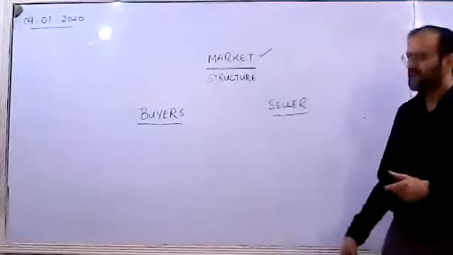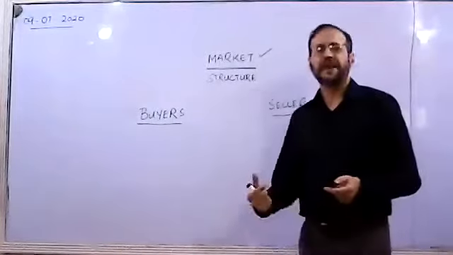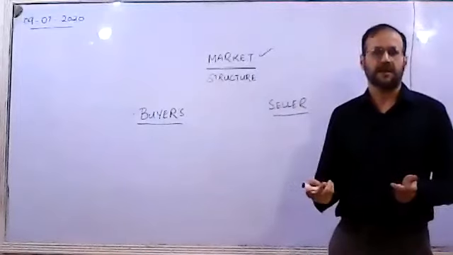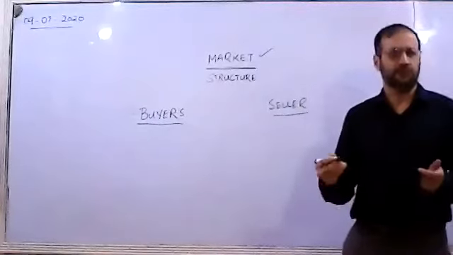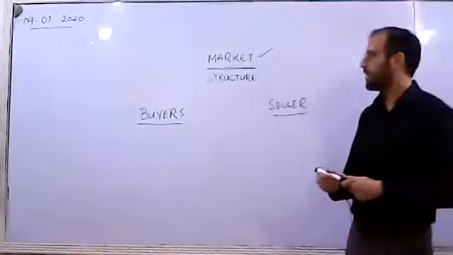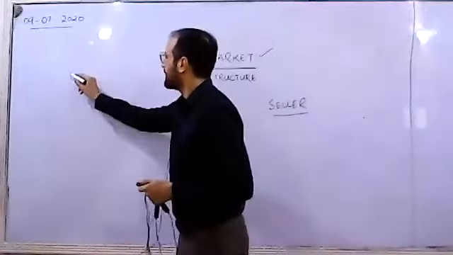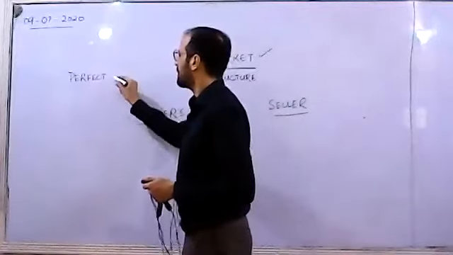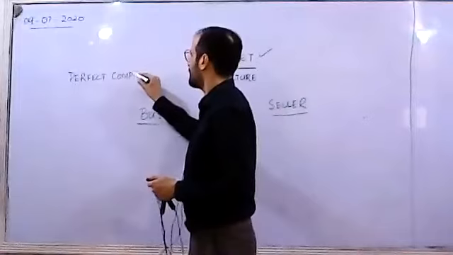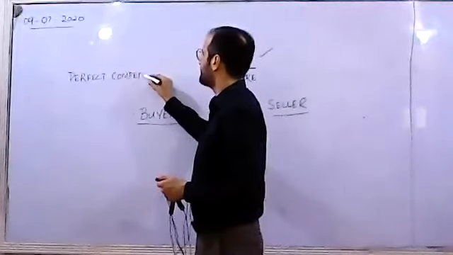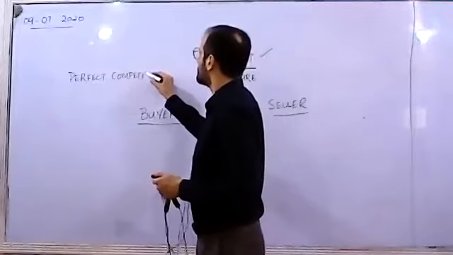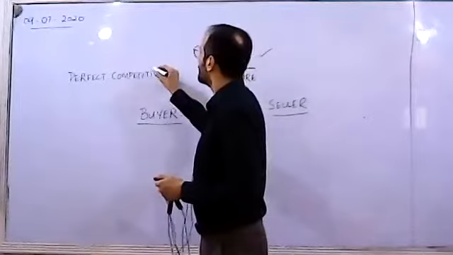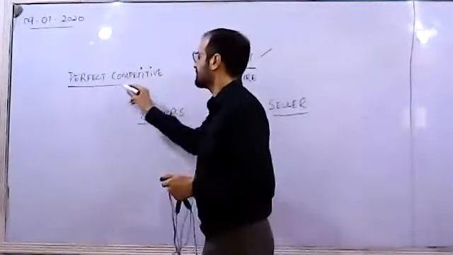Now, as per our syllabus, we have two structures which we will go through. What are those two structures? One is known as perfect competition, or a competitive market.